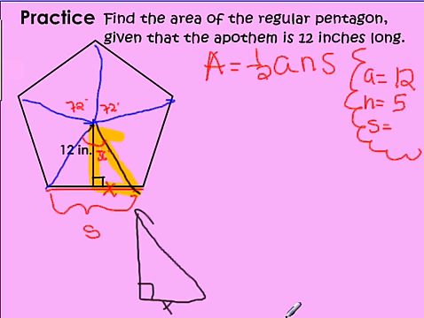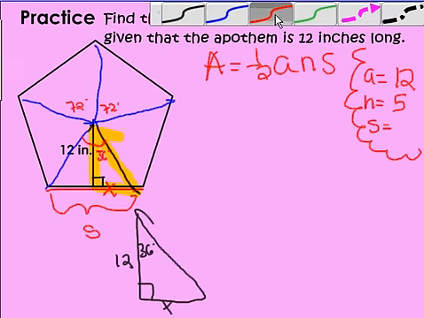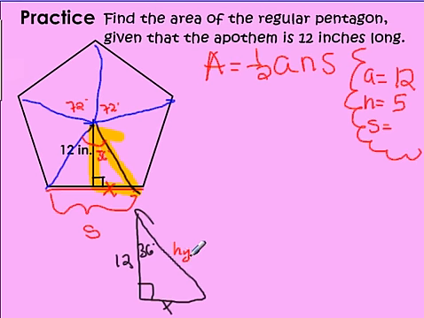So I need to solve for x. I know that this angle measures 36 degrees, and I'm given the apothem, which is 12. Looking at this, we will be using our trig from before in order to solve for x. So this is the angle measure we're working with. This is our hypotenuse. X is our opposite side, and 12 is our adjacent side.